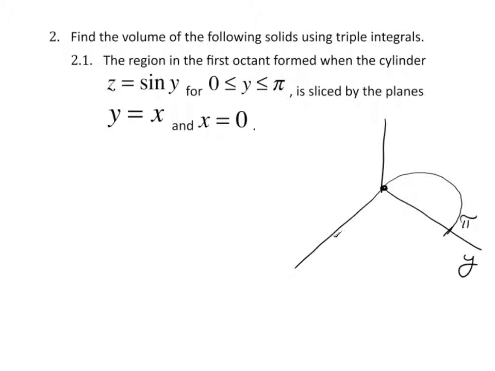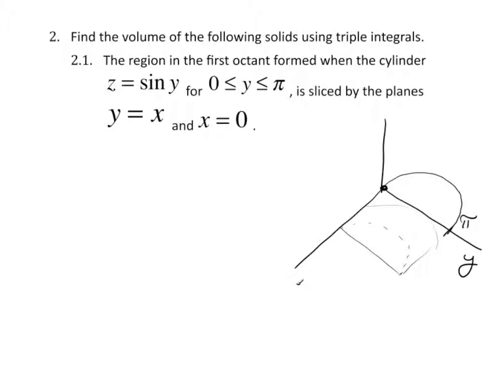Picture a cylinder, half a cylinder essentially. I know it's half a cylinder because I have z equals sine y, and y goes from 0 to pi. And it goes on to infinity.